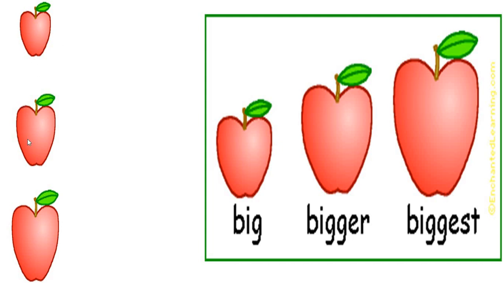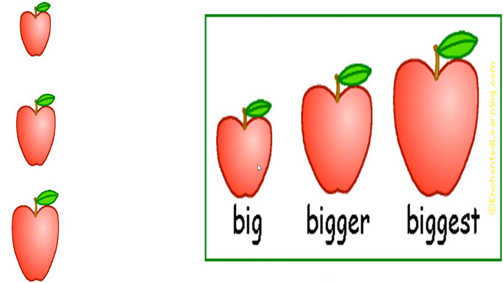So there is a way of writing these words. Okay, how do we write? How do we compare? Okay, now look at this picture. This is big, this is bigger. Bigger means when we compare 2, it becomes bigger.